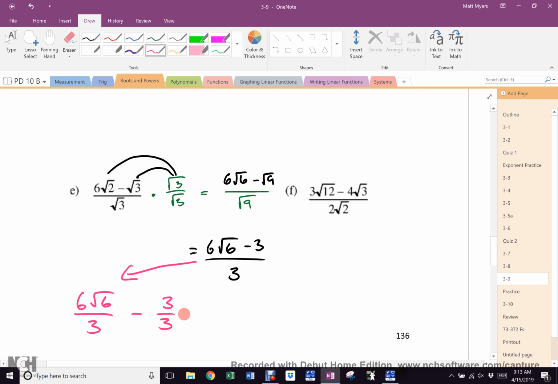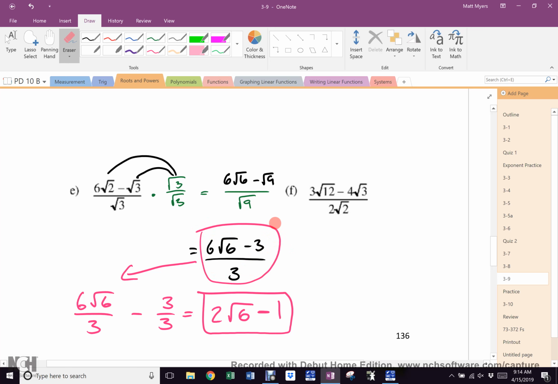What is 6 divided by 3? 2 root 6 minus, what's 3 divided by 3? 1. So that is the finished answer. But some of you will try to have done that and told me that is the finished answer. Does everybody understand? Do you think I'm happy if you get to there? Yeah. But you want to know how to get to the end.